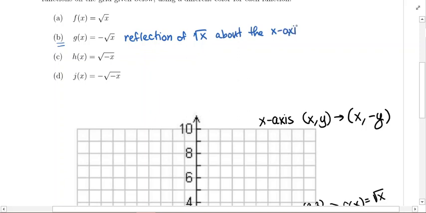Now, how do the equations compare? If I compare the original function to the second function, the one that we graphed in blue, both have the square root of x, but for the blue graph there's a negative sign in front, so that's going to be your transformation rule.